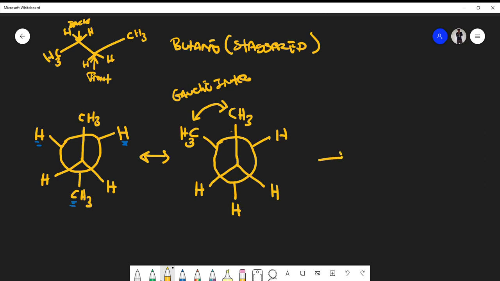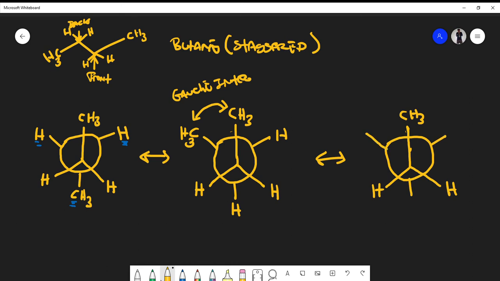Now, to finish up the last Newman projection, again, I'm going to draw my front carbon. Keep everything the same. So my CH3 was on top and my two hydrogens were here. I'm going to draw the back circle with three little things coming off it. Again, remember we thought about this as a click.